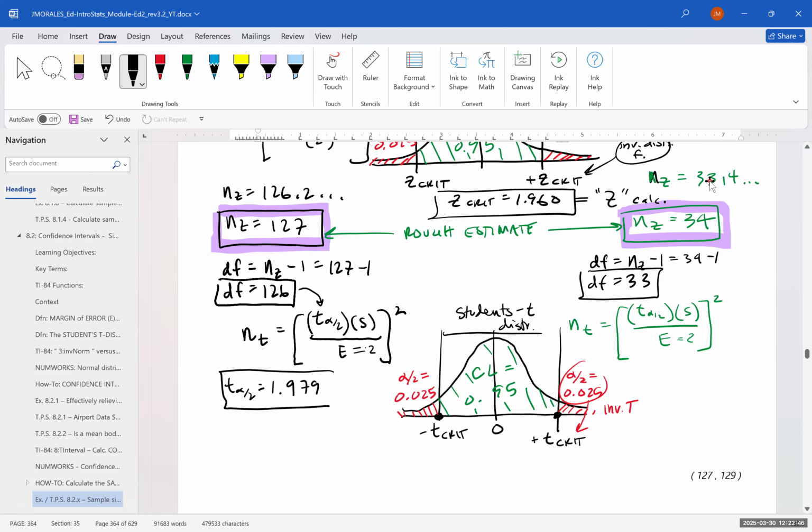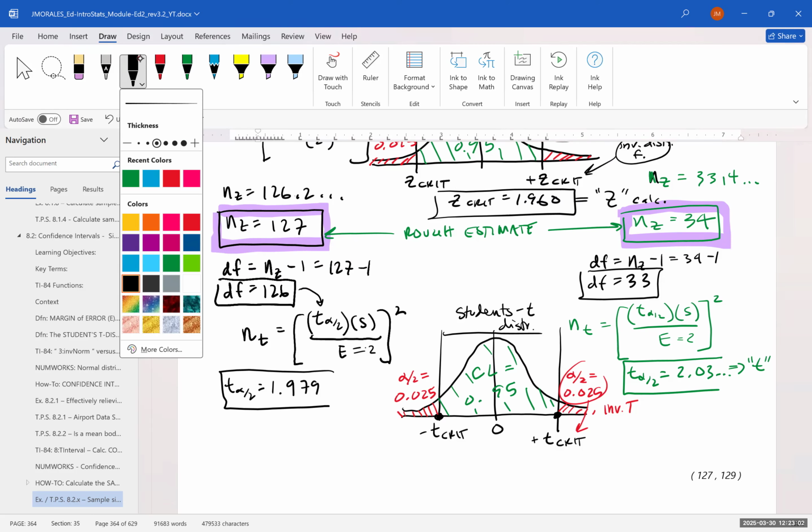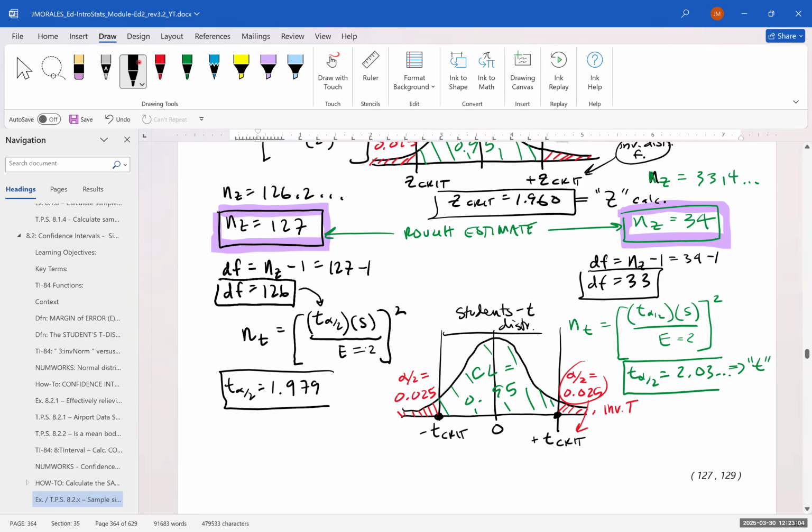So the t alpha over 2 came out to 2.03 and some change, and I'm going to store that in lowercase t. This one, I'm storing that in uppercase T. Okay.